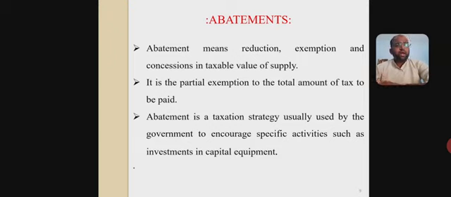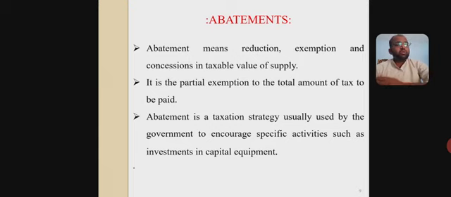The next one: abatement is a taxation strategy usually used by the government to encourage specific activities such as investment in capital equipment. Here, abatement is a taxation strategy usually used by the government.